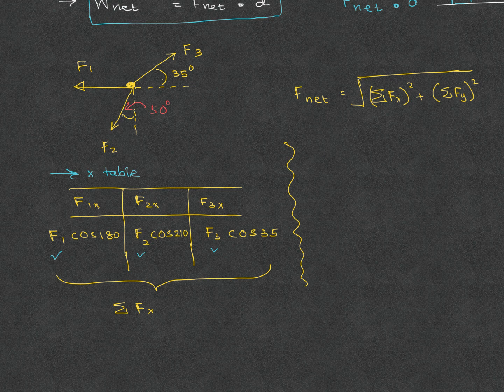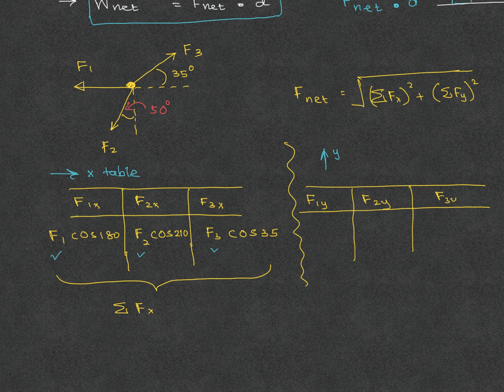And then here you have the y table. You have the same exact form except cosine is replaced by sine now. So you have F1y, F2y and F3y, and there you have F1 sine 180, F2 sine 210 and F3 sine 35.